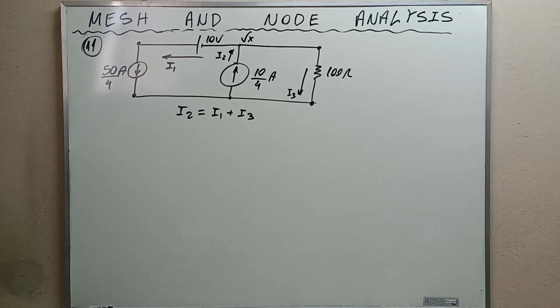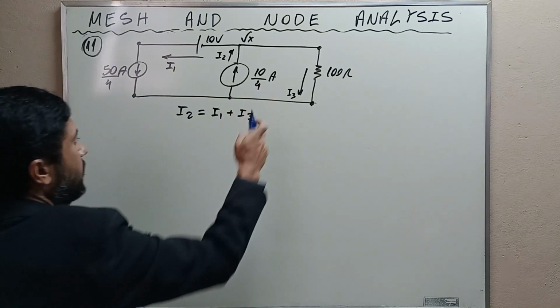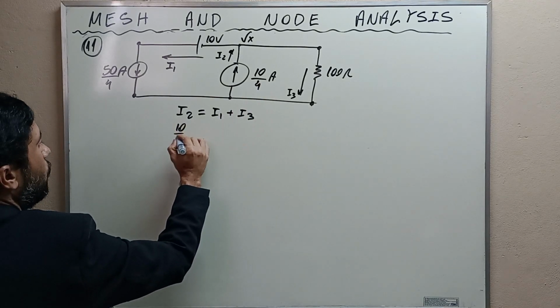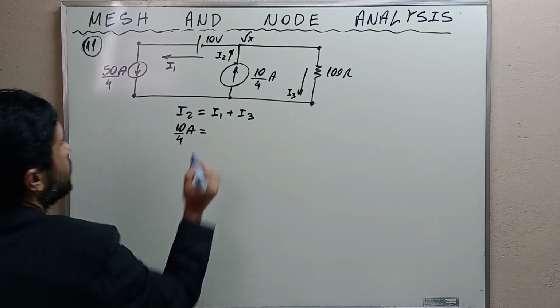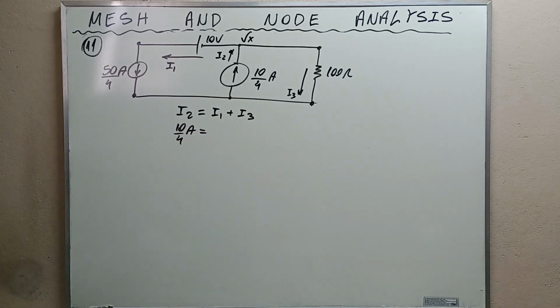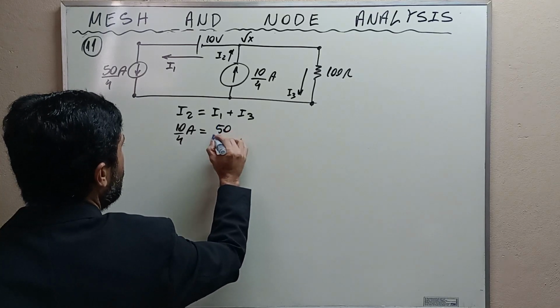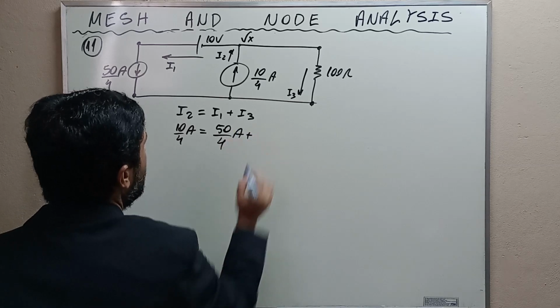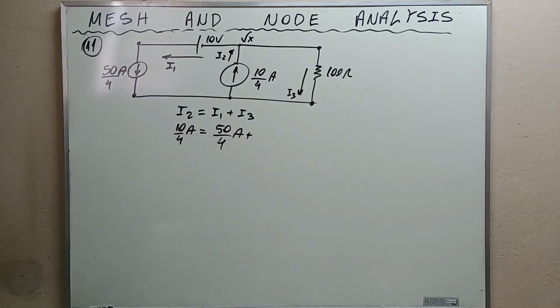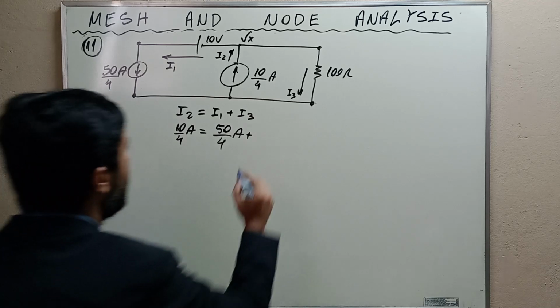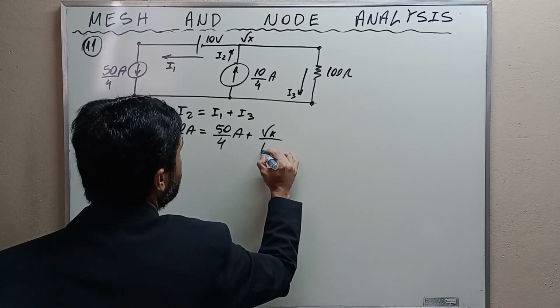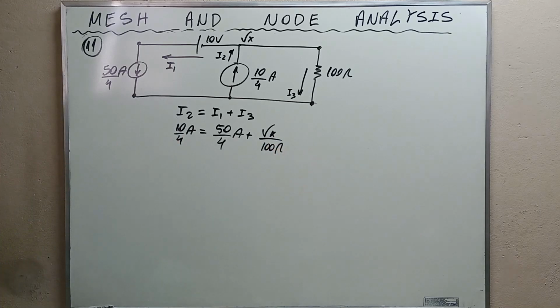Simple. And what is the value of I2? I2 is this current here, 10 over 4 amps. And how about I1? I1 is 50 over 4 amps. And how about I3? I3 is simply Vx divided by 100 ohms.